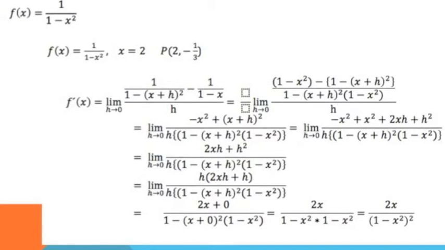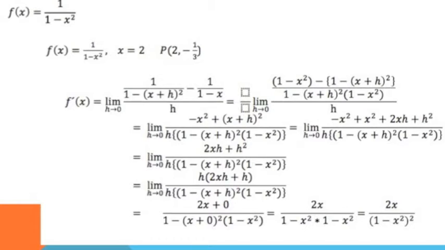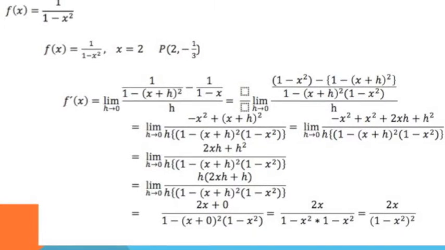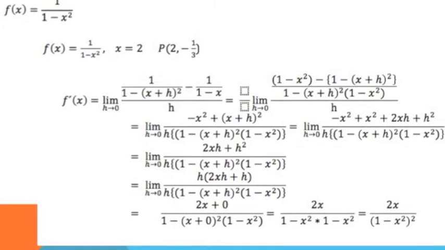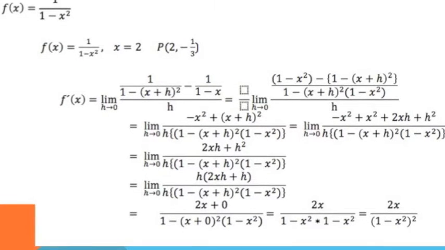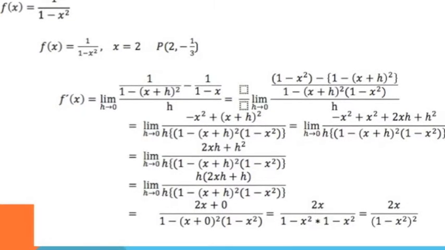Then we had to find the common denominator to subtract the fractions, then eliminate the like terms and apply the distributive law. And the result will be limit of h going to 0 equal to minus (x plus h) squared plus x squared over h times (1 minus (x plus h) squared) times (1 minus x squared).